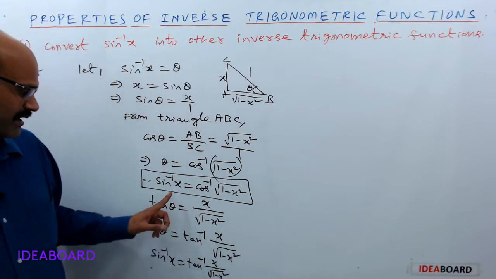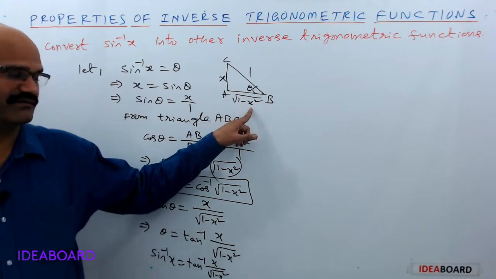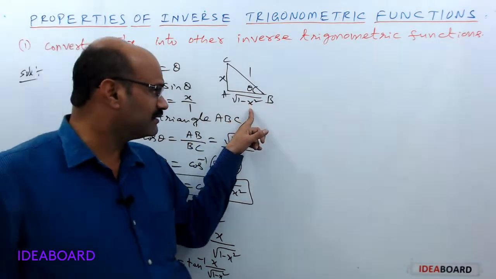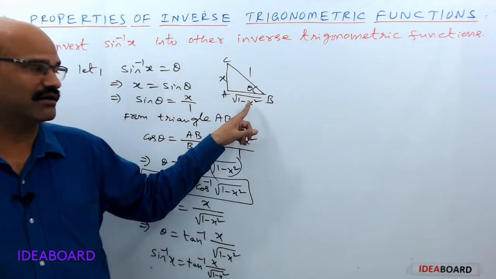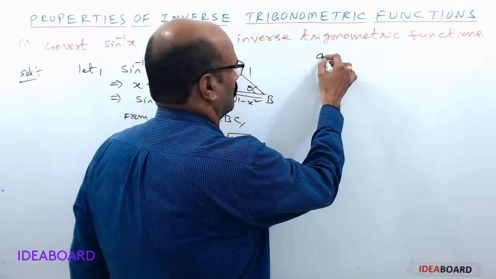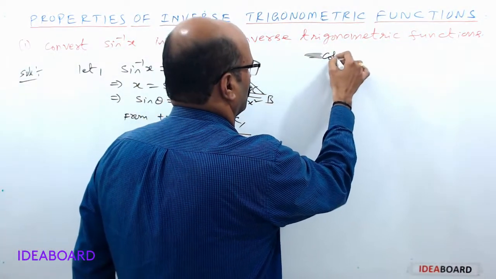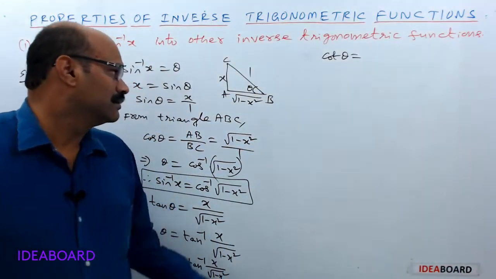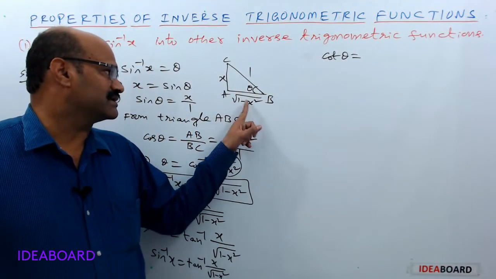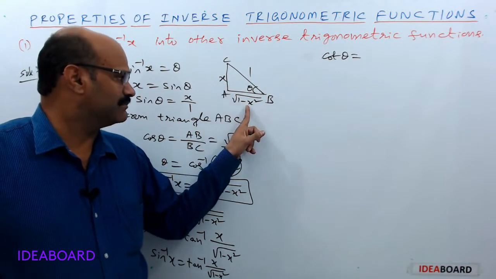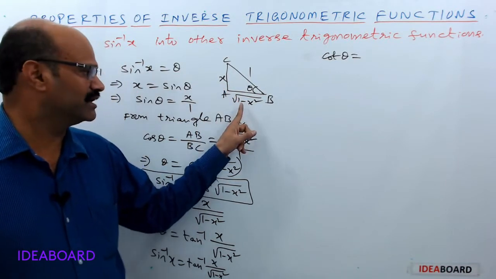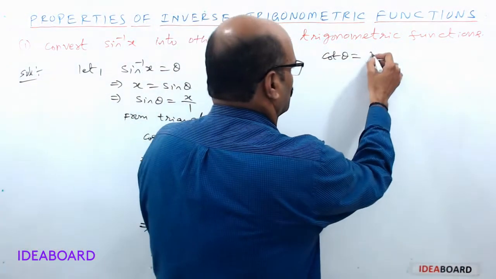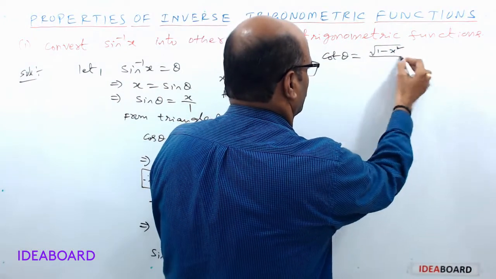Now we have to write sin inverse x in terms of cot inverse. For that, find cot theta from this. Cot theta equal to base by perpendicular, so square root of 1 minus x square by x.